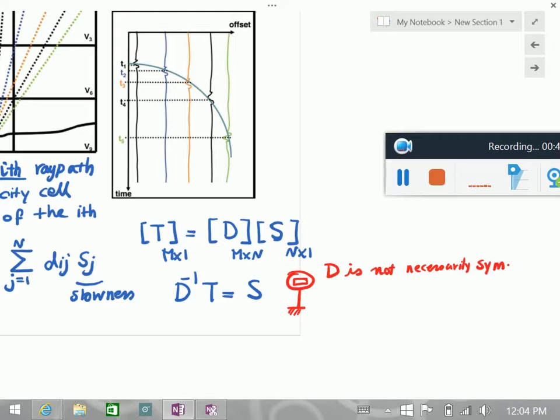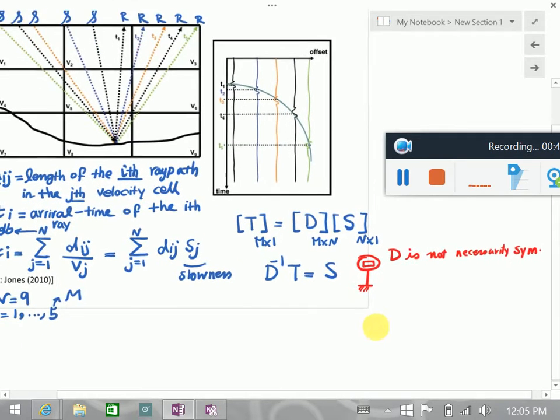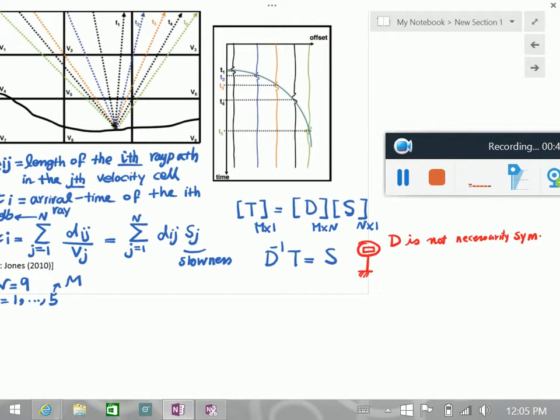What does it mean physically? Number of cells. If I had 9 receivers, I had 9 traces, and the bad news is even then, I would have a problem. Can you guess why? We don't have an inverse because we have so many zeros in it, it's singular.